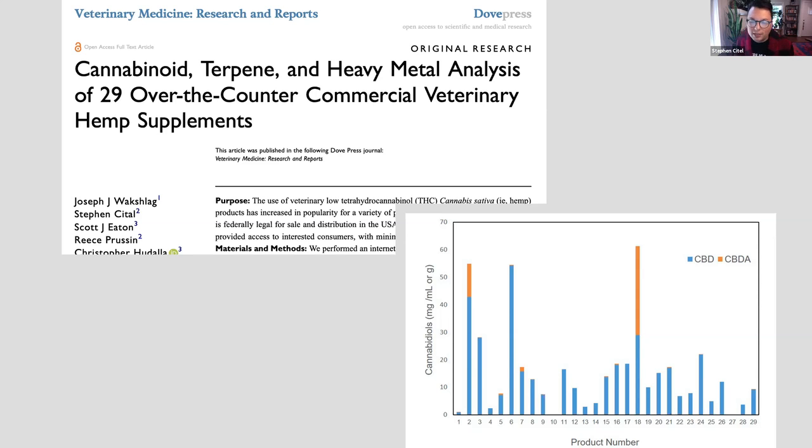In a particular study that I was part of, we pulled multiple products that were labeled for veterinary patients and found some concerning contaminants in there, in particular lead and arsenic. One product had so much lead in it, it was considered unsafe to consume per the United States USP on allowable contaminants and consumption. So there are points of concern that I still have.